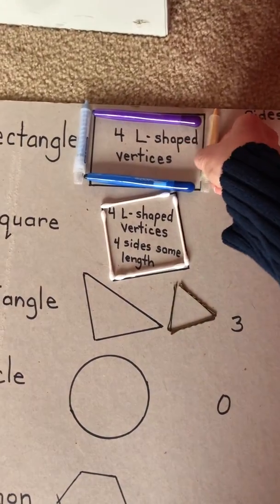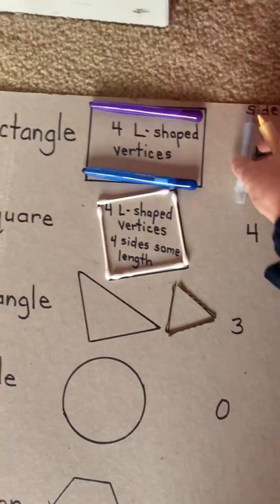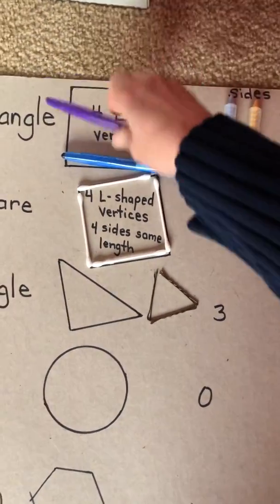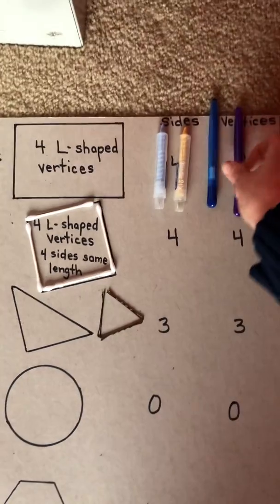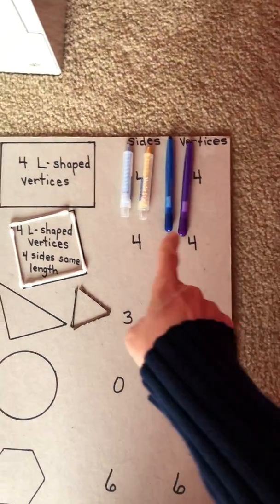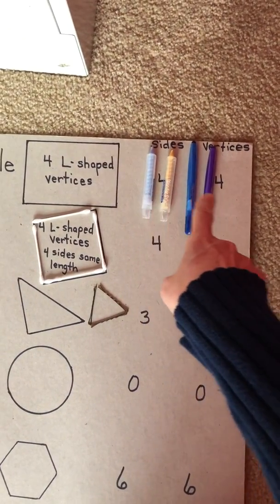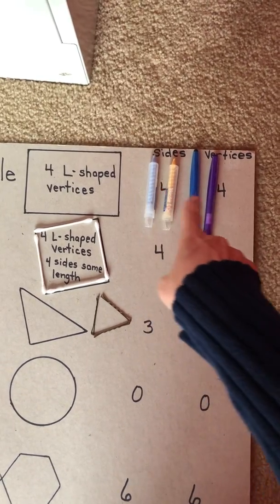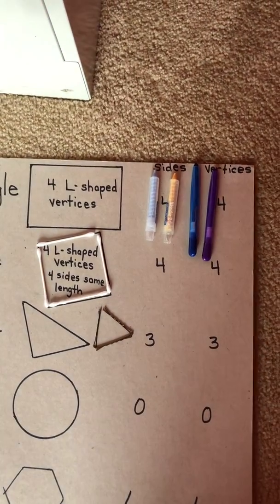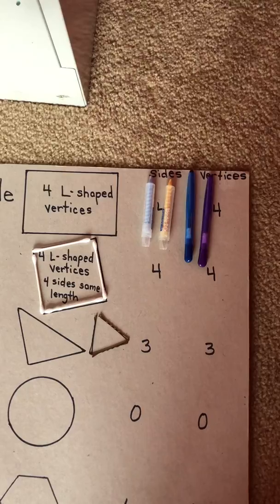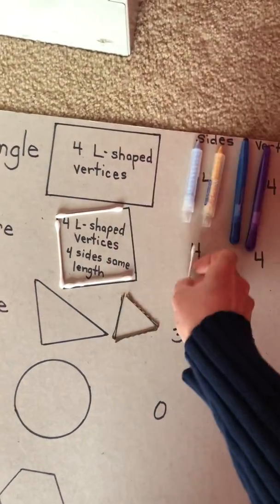All right, take a look. Did you notice I built the rectangle using these 4 crayons? So when I pull it apart, look how I use these crayons to build the rectangle. Now take a look at our square.